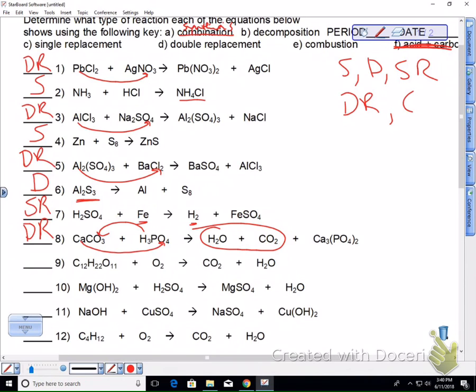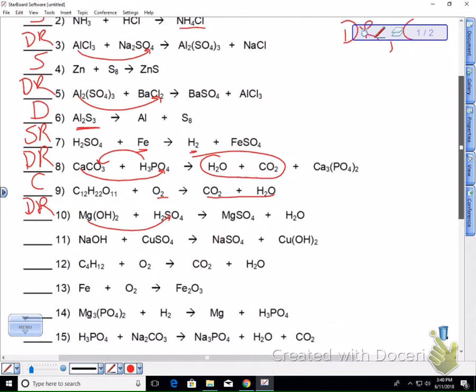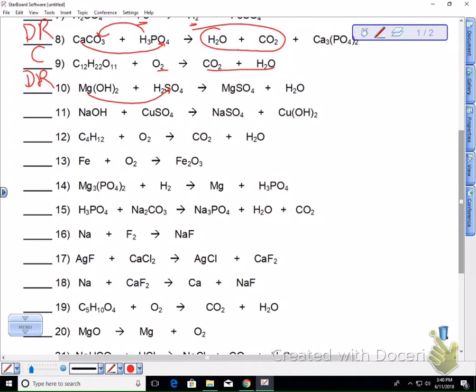Number 9, I hope you can recognize very quickly from the plus O2 and then the CO2 and water, that is combustion. Number 10, I can see here 2 compounds, a new partnership, double replacement. Number 11, same thing, new partners.